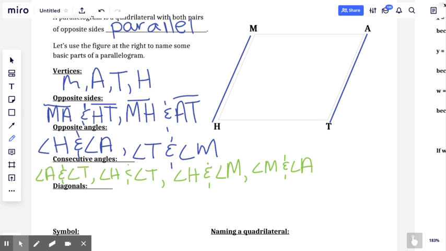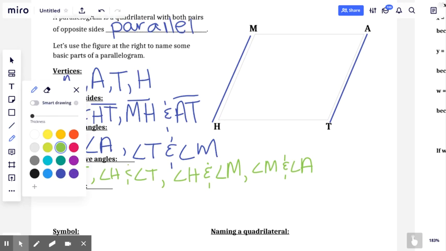Okay, the next thing is the diagonals. The diagonals are what you get if you connect the opposite angles. I'll just sketch a line.